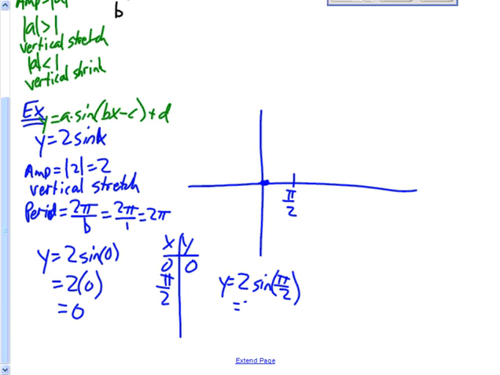The sine of pi halves is 1, so now at pi halves I'm up at 2. Remember we said this would vertically stretch. Our amplitude ends up being 2 in this case. So pi: the sine of pi is 0, so 2 times 0 is 0. 3 pi halves: what's the sine of 3 pi halves? That's negative 1.